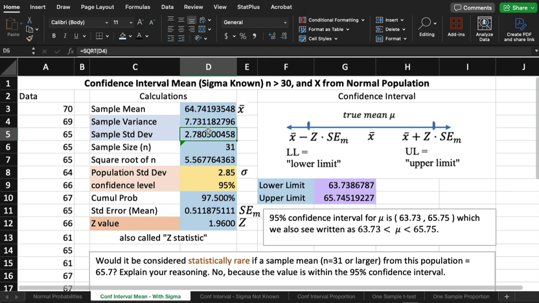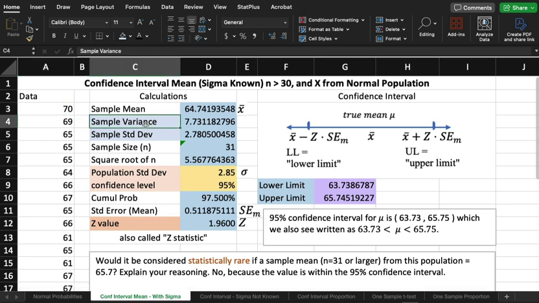Those were just numbers that I happened to calculate because I was curious about them. So the sample variance and sample standard deviation are not needed, so we're not even going to use them.